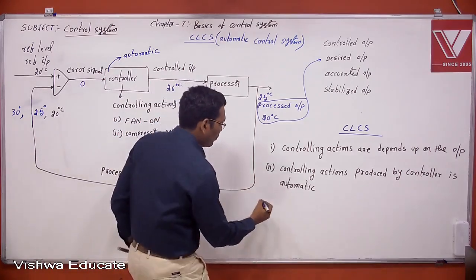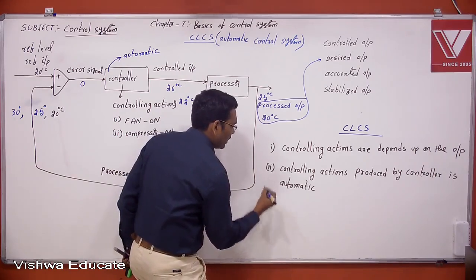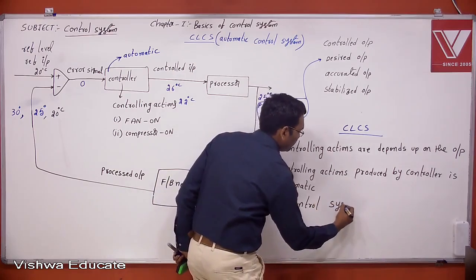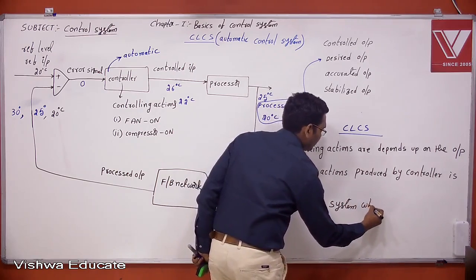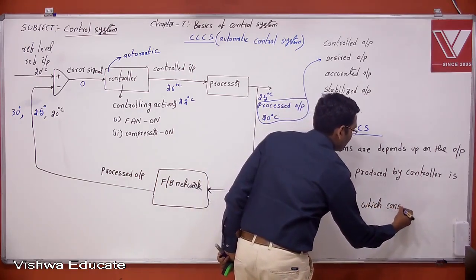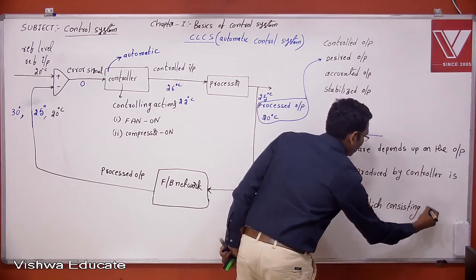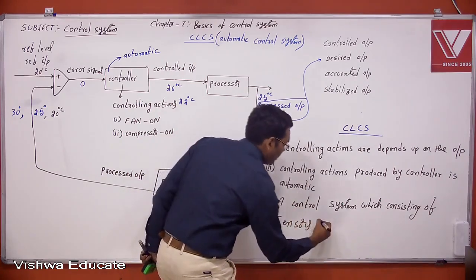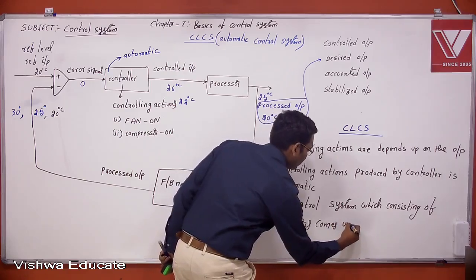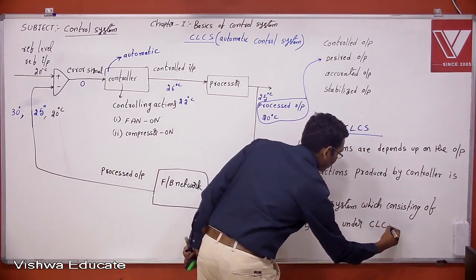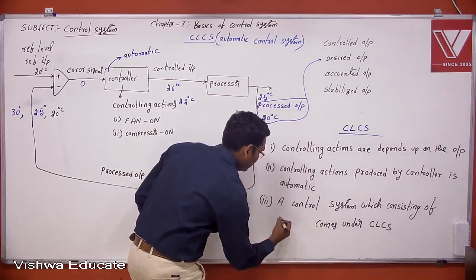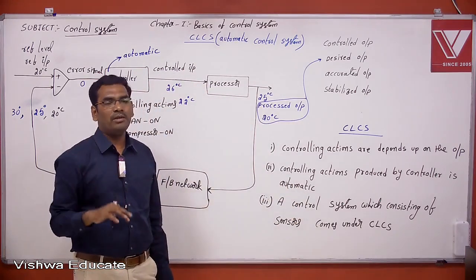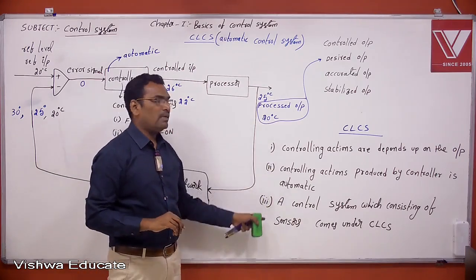Therefore, we already have a third point, which means a control system consisting of a sensor comes under closed loop. Now the same 3 points I said previously for the open loop control system, I am saying now for the closed loop control system.